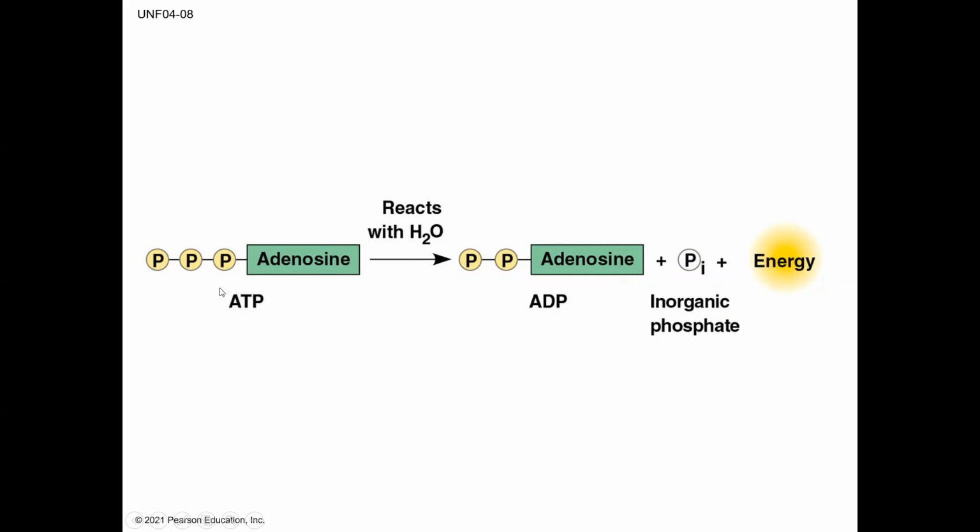There are 3 phosphates. When ATP breaks down and reacts with water, it releases a phosphate and it releases energy. And this is how plants and animals and all of biological life that I know of uses and transfers energy.